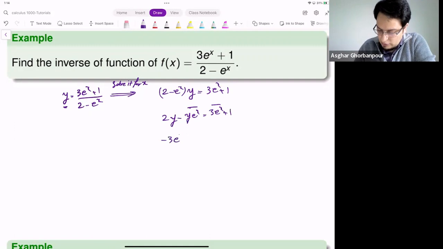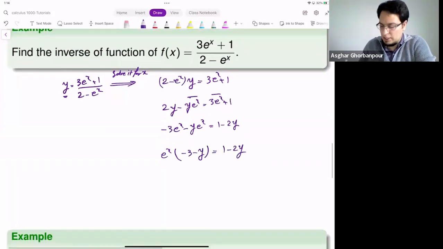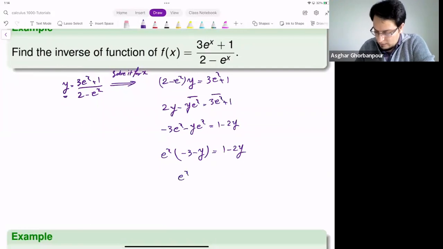So minus 3 to the power x minus e to the power x equals 1 minus 2y. Then I can factor out e to the power x, the only expression in these guys, which is always a factor of the terms. And now I can solve this. I can divide that to the other side.